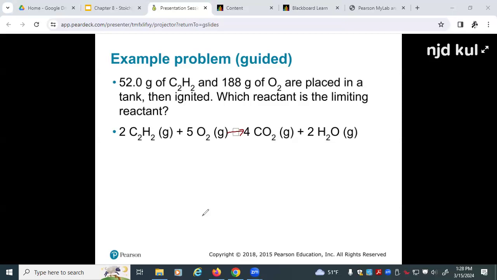This is probably the easiest approach for determining the limiting reactant because it means that we only have to do one calculation. So let's take the 52 grams. So 52.0 grams of acetylene. And we want to turn it into grams of oxygen.